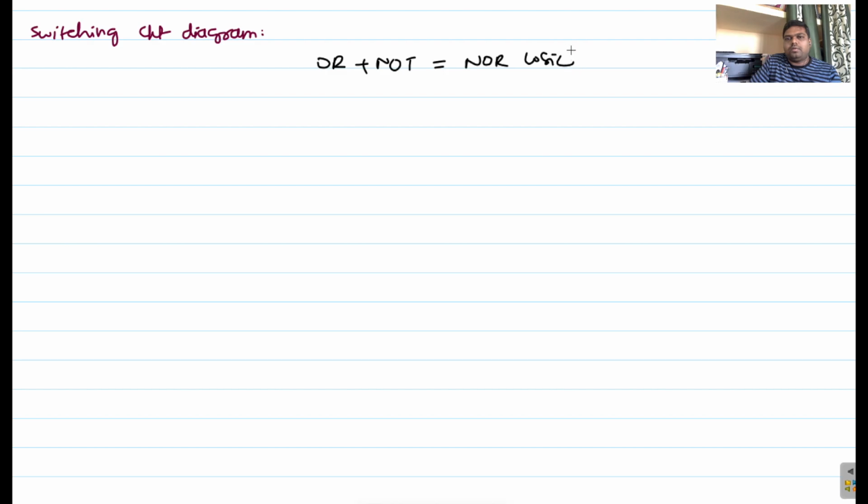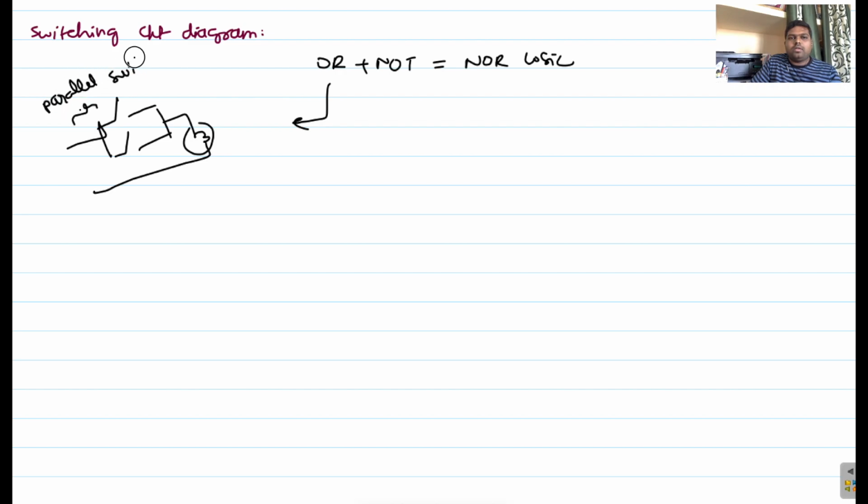So already we know what OR logic is. This is your switching circuit diagram. This is your bulb, the load, and these two switches are connected in parallel. And already you know about the NOT gate. What is the NOT gate construction?